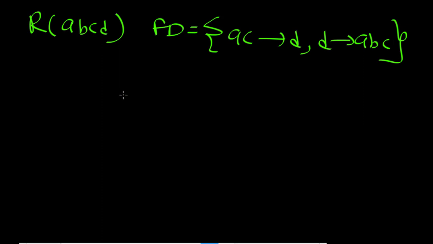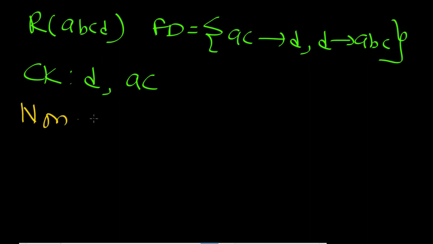Now find the candidate keys. D can determine everything, and AC can determine D. So these are the candidate keys.